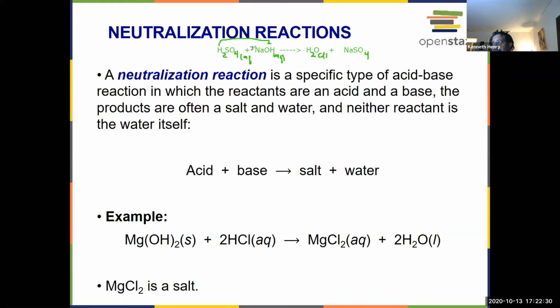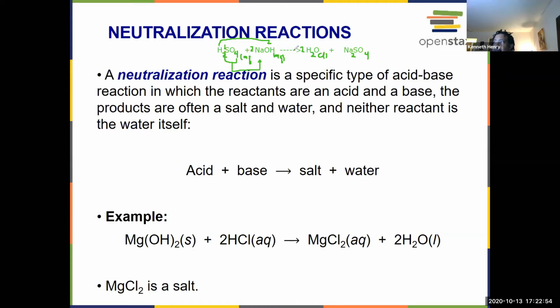Let's balance it. And then the sulfate here is going to pair up with the sodium.